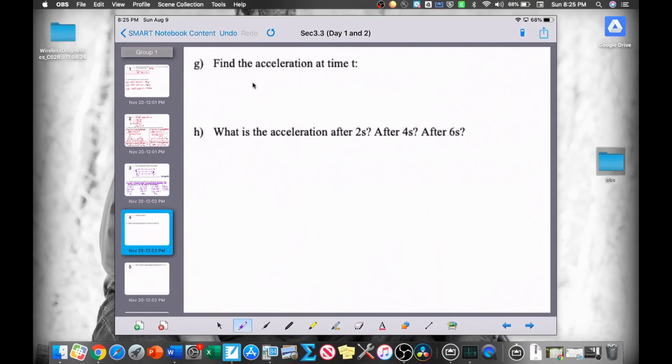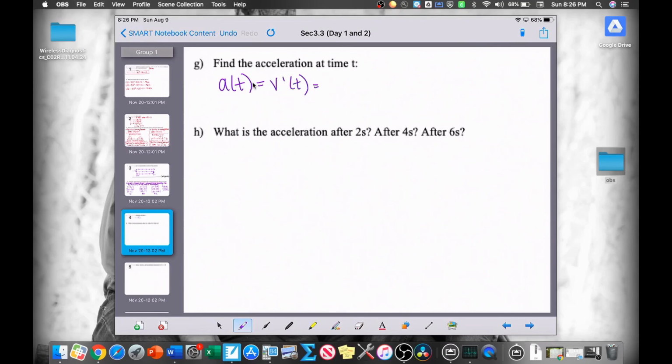Letter G asks us to find the acceleration at time t. Well, think back to the relationship that we know about position, velocity, and acceleration. Acceleration is the derivative of velocity and is the second derivative of position. We already have our velocity function, so we know that our acceleration function is going to be equal to the derivative of our velocity function.